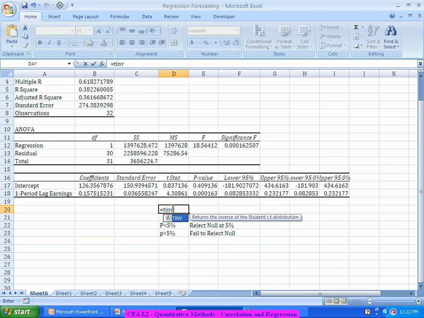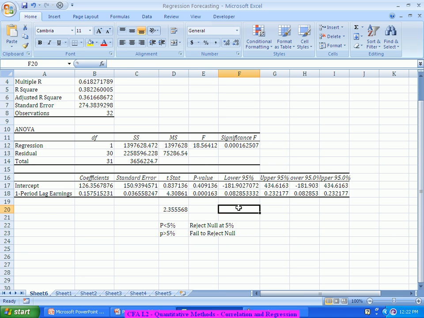When I am going with a two-tailed test, the 5% significance level at 31 degrees of freedom, the t value is 2.35. Just like the way we do the sample mean plus or minus 1.96 times the standard error, here I will do plus or minus 2.35 times the standard error to arrive at my 95% confidence interval.